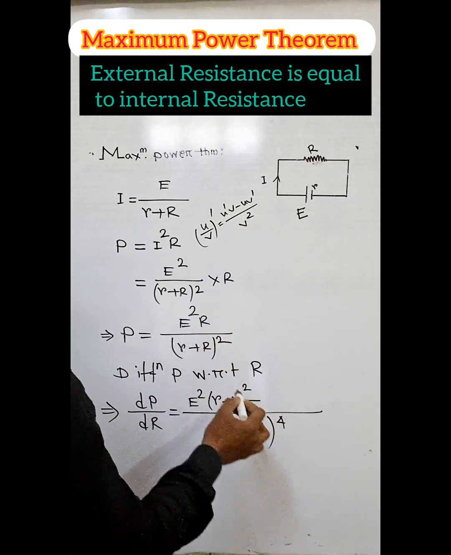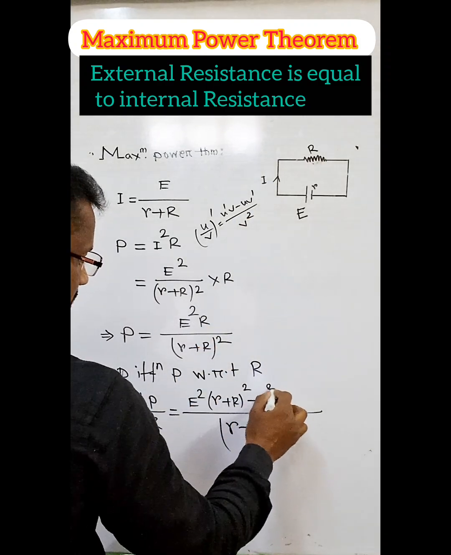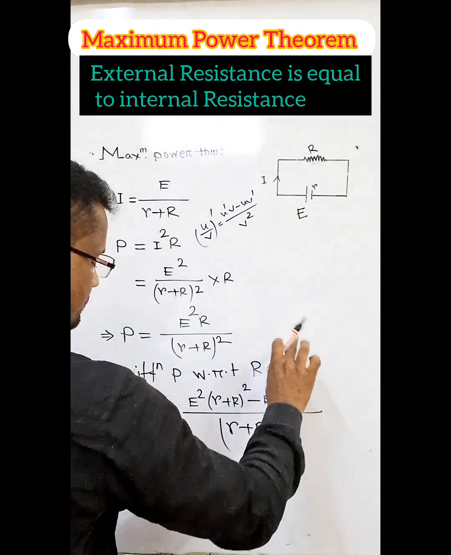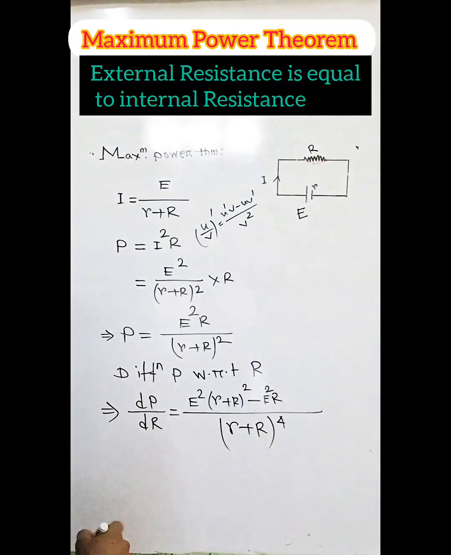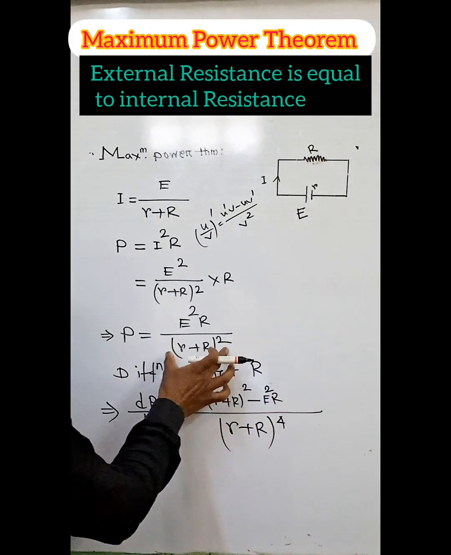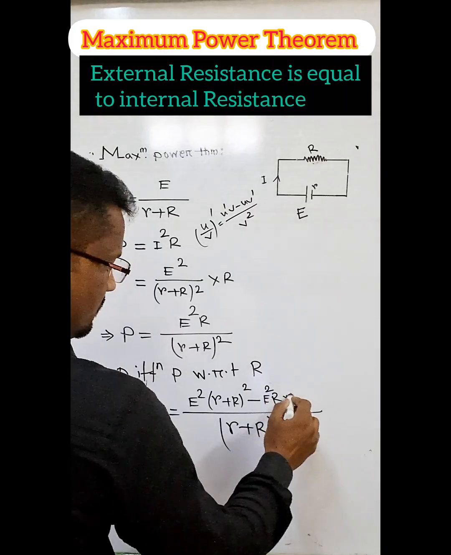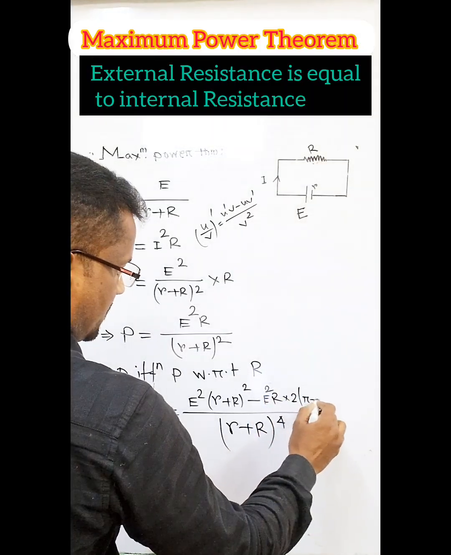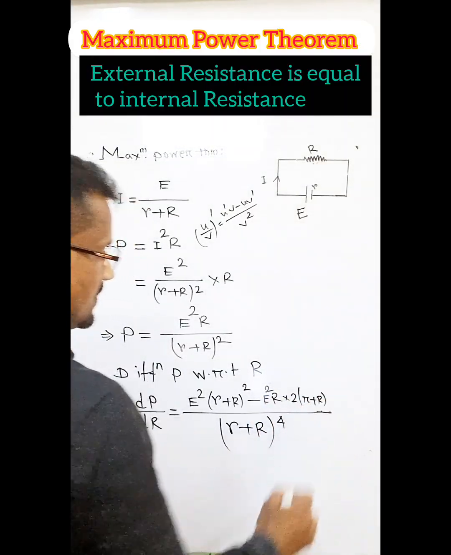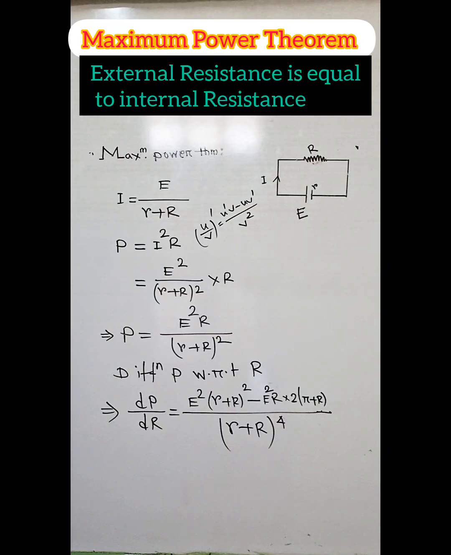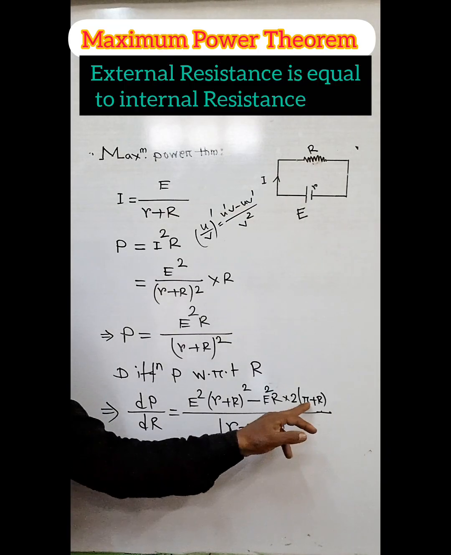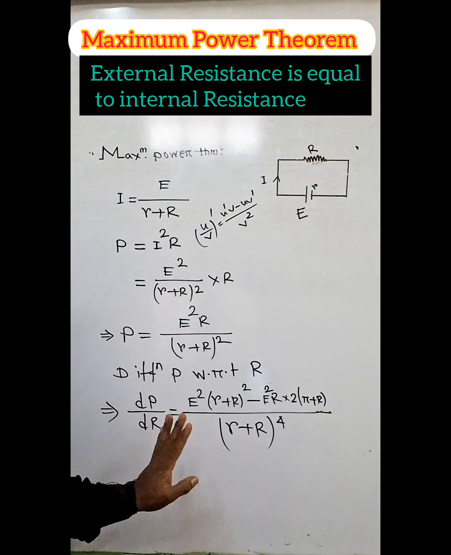U is E square R as it is, and the derivative of V is twice (r plus R). Again, if you differentiate this, you will get 1 here.